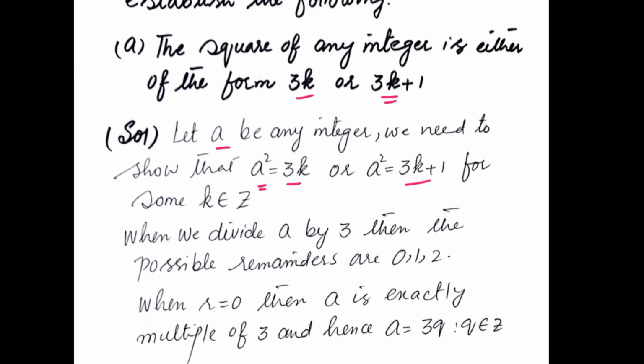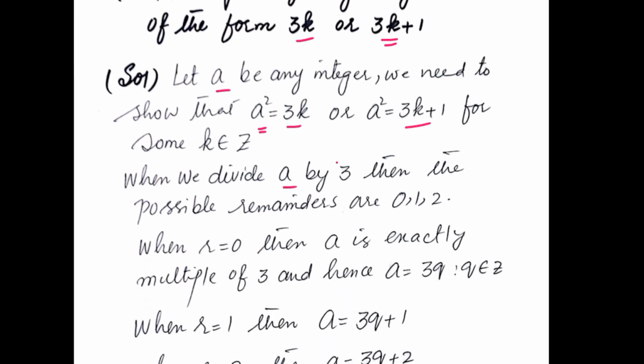So when we divide a by 3, the possible remainders are 0, 1, 2. When r is equal to 0, then a is exactly a multiple of 3, and hence a is equal to 3q. Suppose my a is 5.